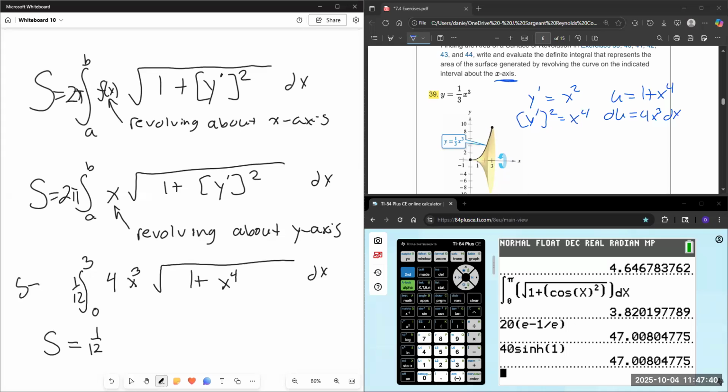So S is 2 pi times integral of u to the 1/2 du, and u is 1 to 82. There we go.